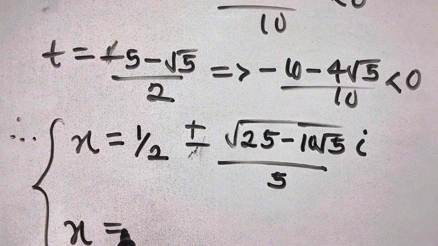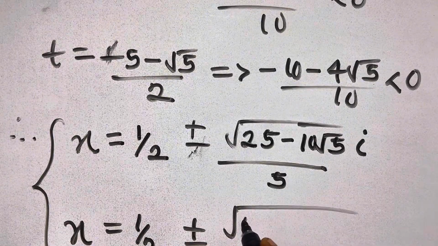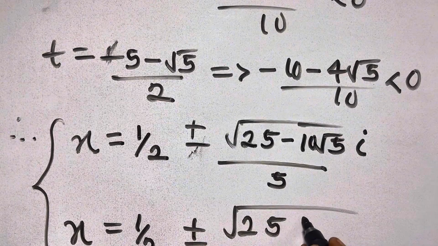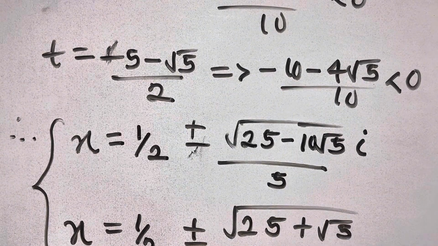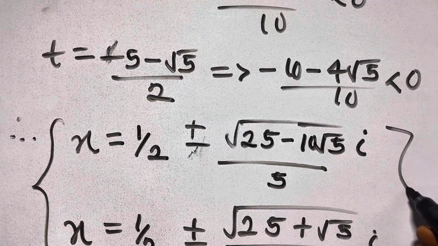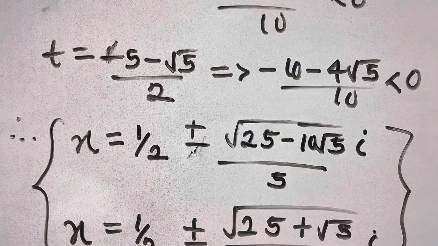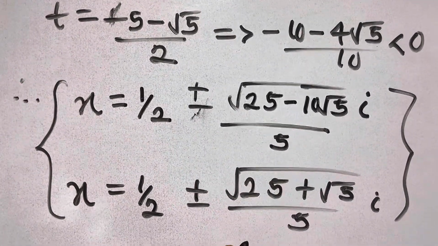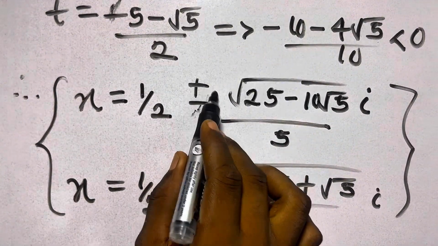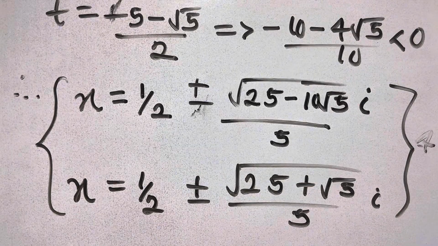And for this other root, we have 1 divided by 2 plus or minus square root of (25 plus root 5) i, divided by 5. If you look at this, how many roots do we have here? We have 4. This is 2 and this is 2. So that gives us 4 solutions.